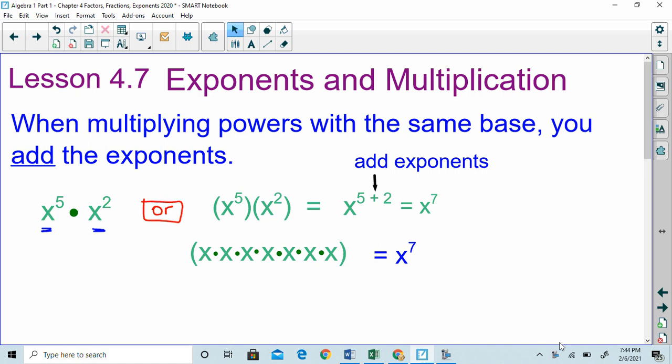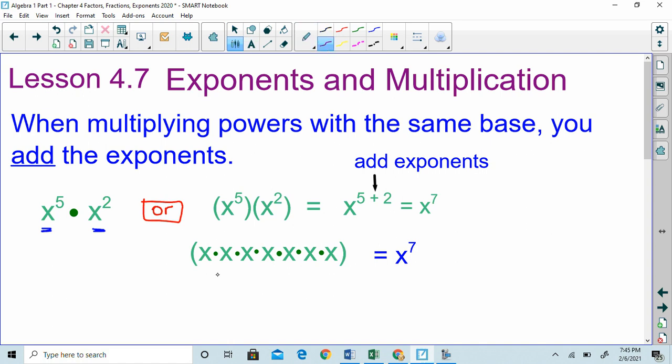We can write this expression with a multiplication symbol of some sort here, where I use this multiplication dot, or I can put them in parentheses. If I have x to the fifth times x squared, I am going to show you in expanded form exactly how this property is developed.